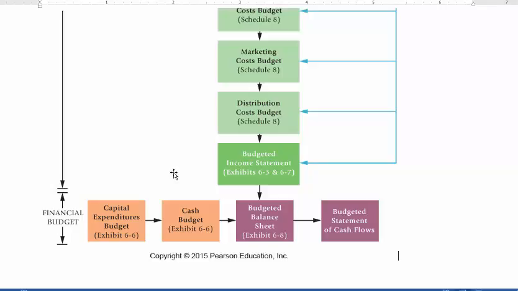When will we be paying those vendors and suppliers? We will calculate out when we will be paying our labor force from our direct labor budget. We're going to plug in those outflows. We will also plug in all of our other manufacturing related costs and expenses from that manufacturing overhead budget.